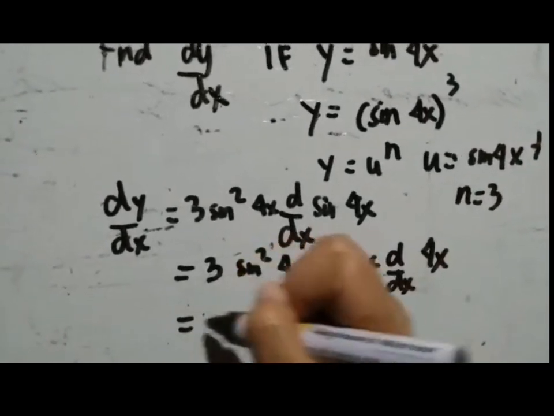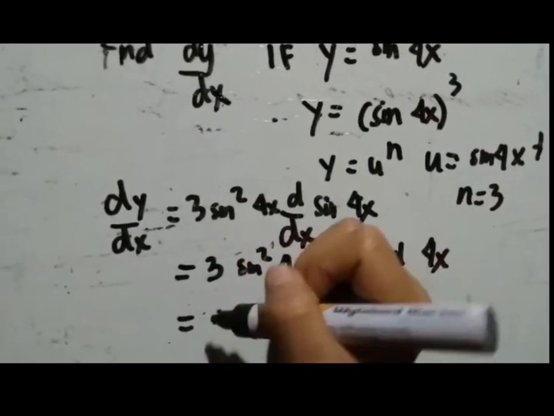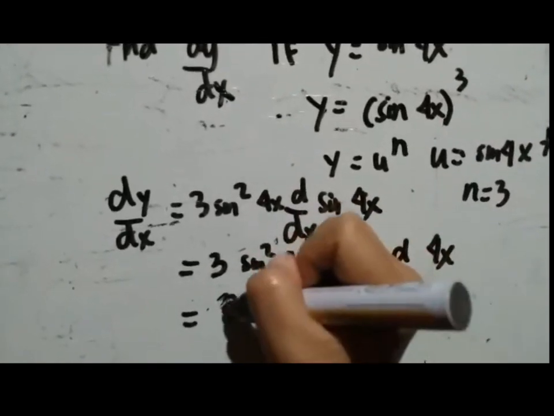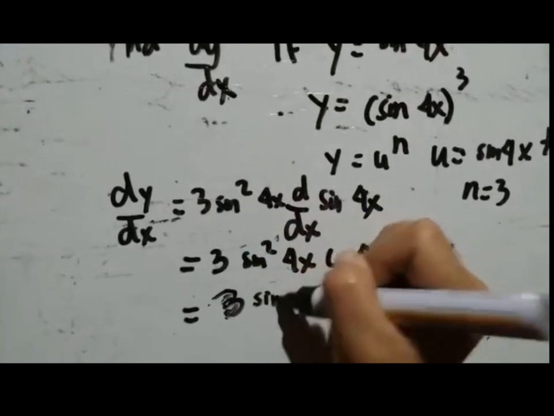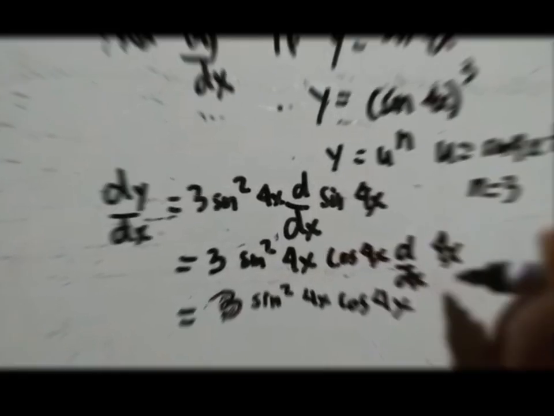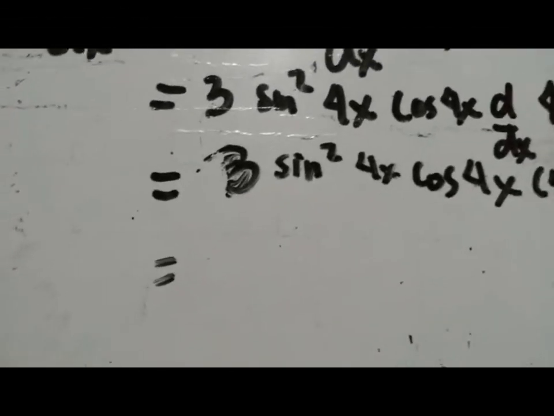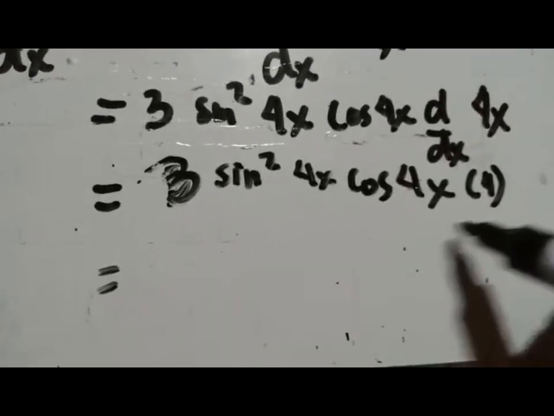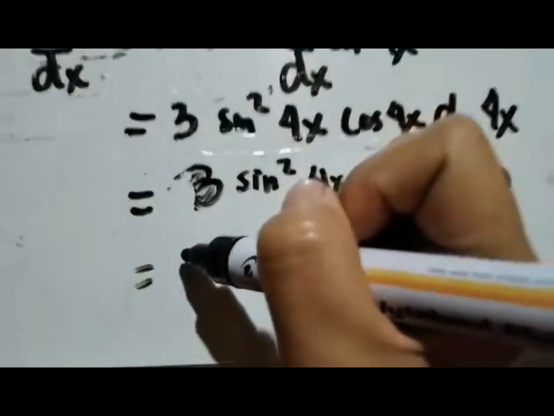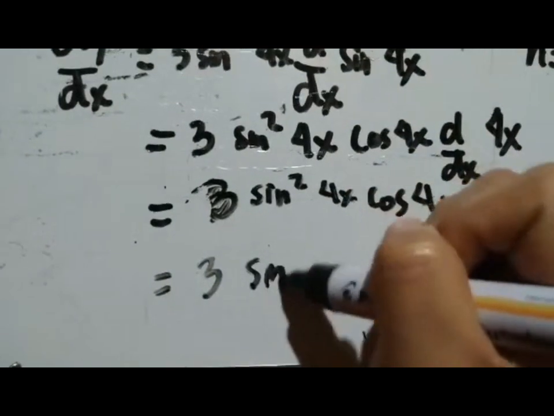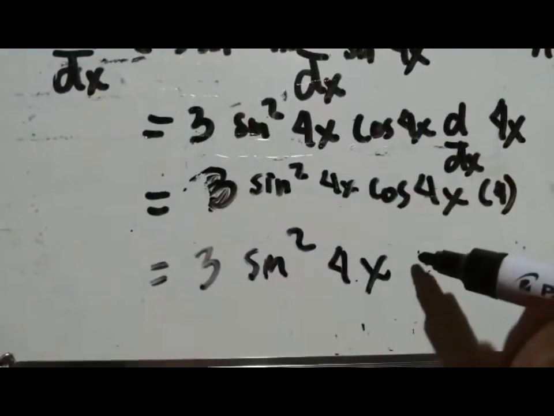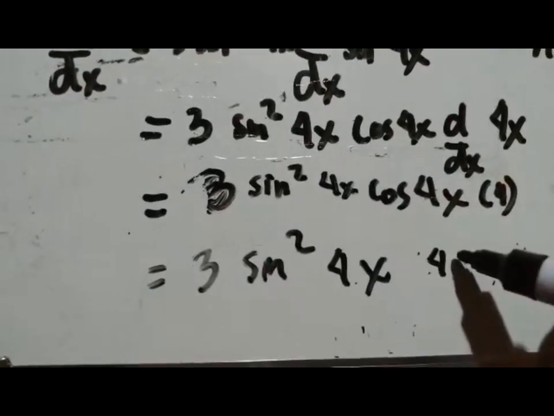Next, we copy again 3 sine squared 4x cosine 4x. Then the derivative of 4x is 4.